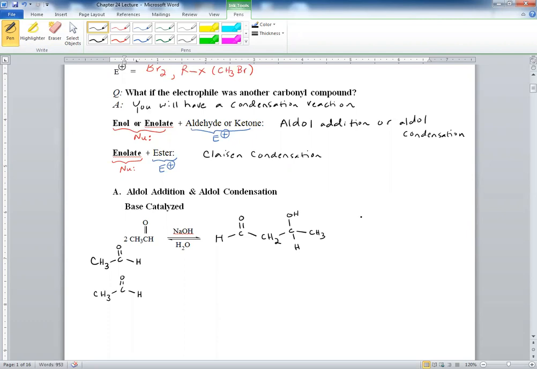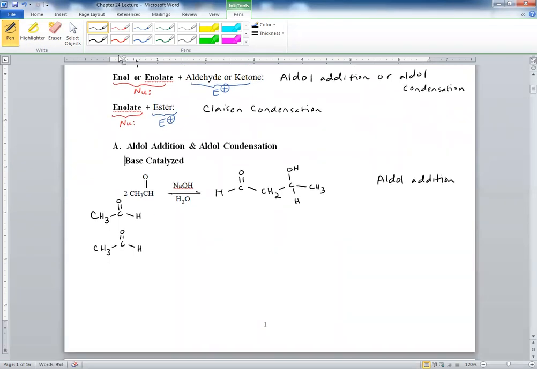Okay, so this is called an aldol addition. So this is the addition, and I'm going to help you see how this happens. We're going to talk about the mechanism, but let's mark some things here.